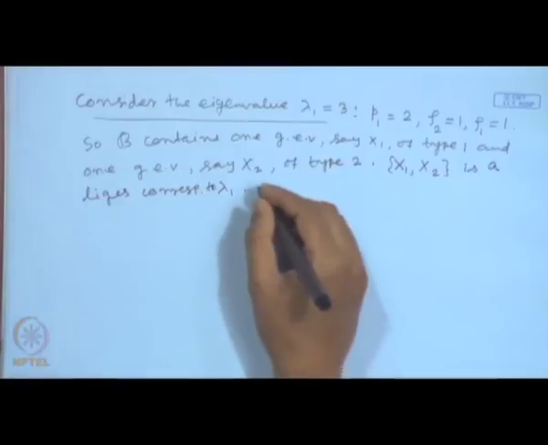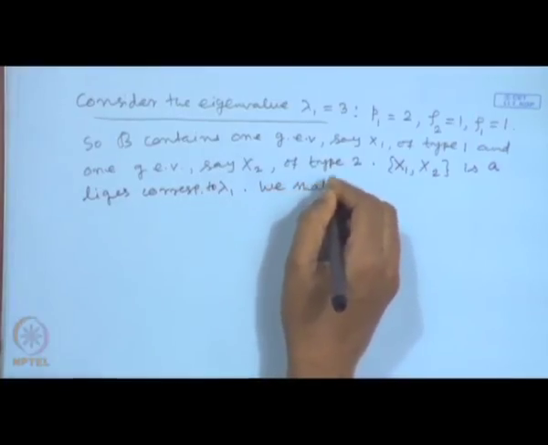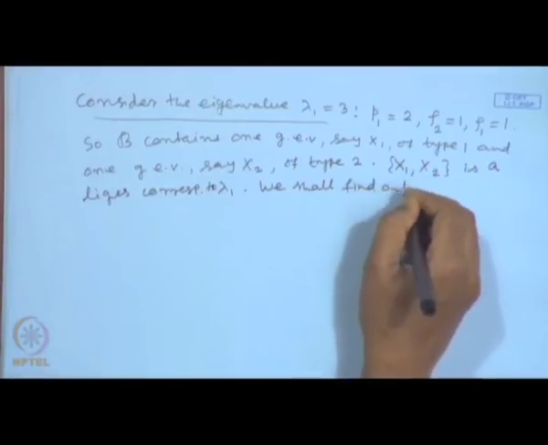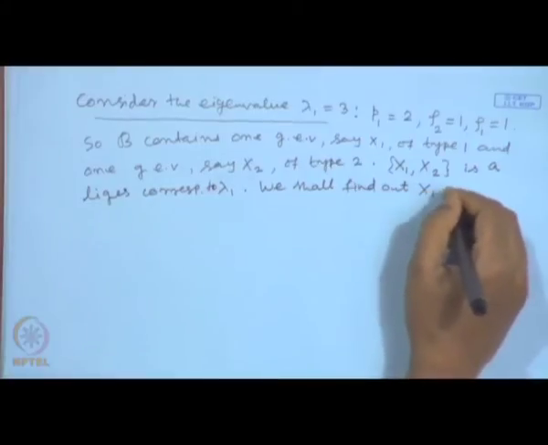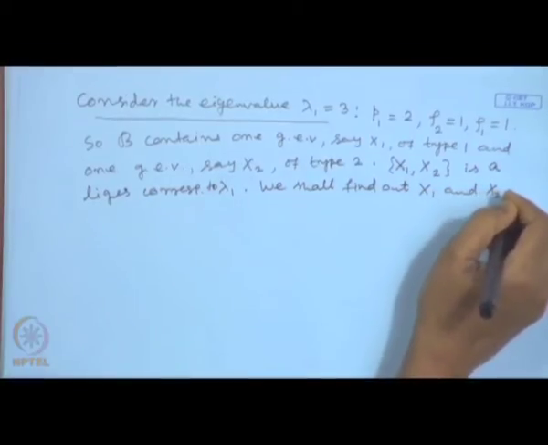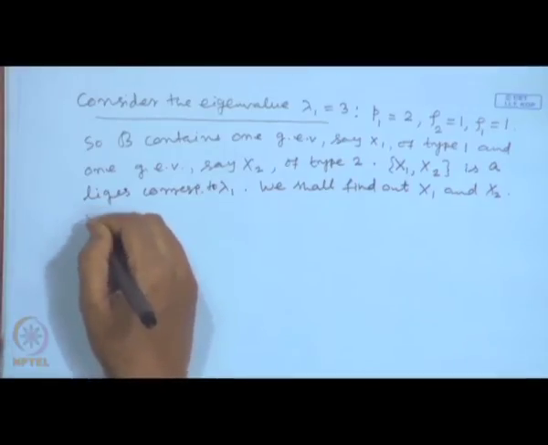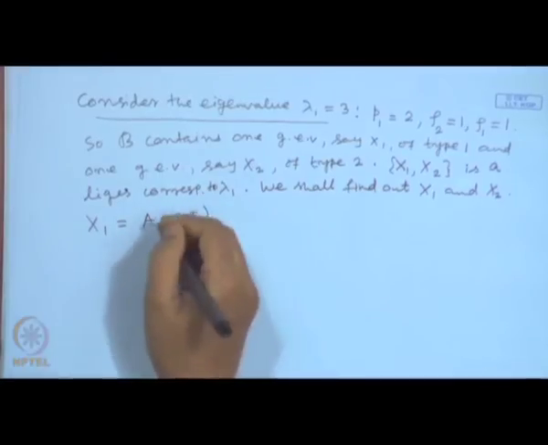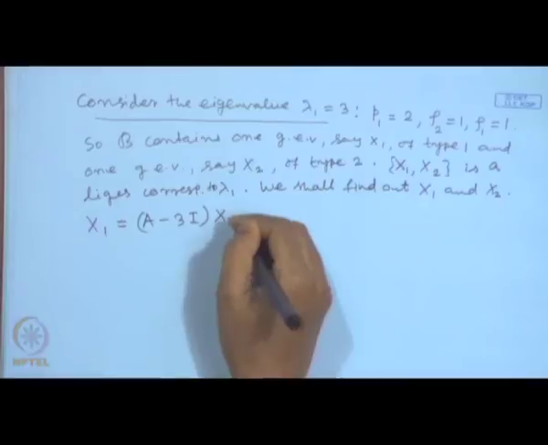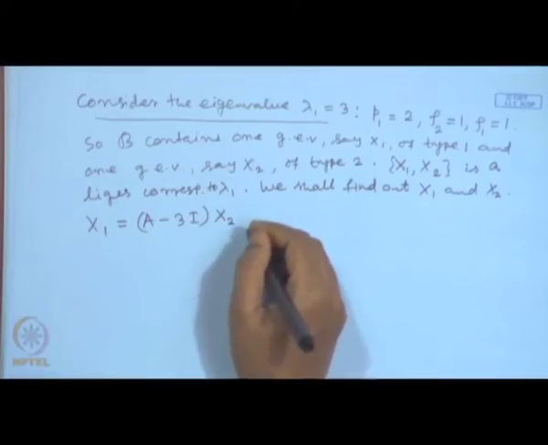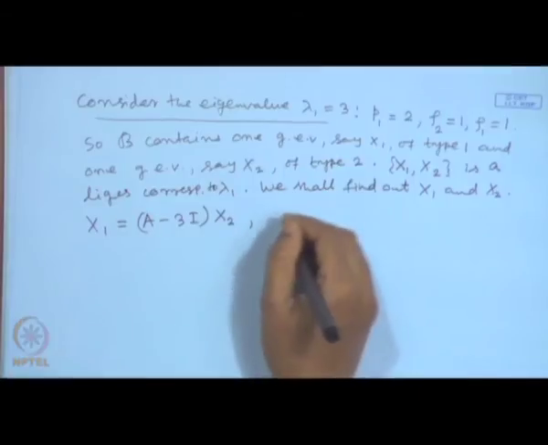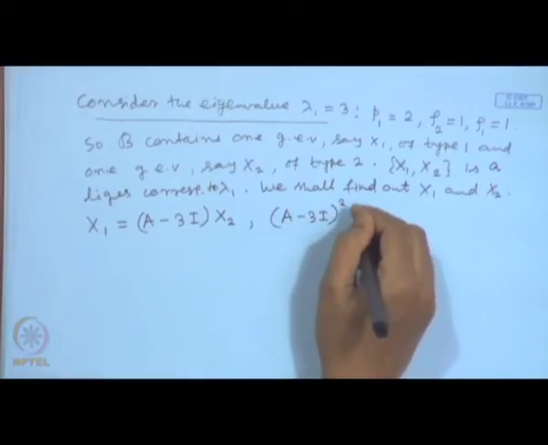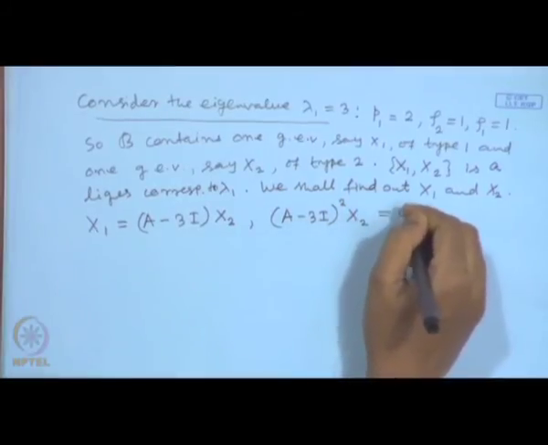Here we shall find these generalized eigenvectors x 1 and x 2. In this manner, x 1 is actually (A minus 3 I) times x 2, and (A minus 3 I) whole square x 2 is equal to 0.